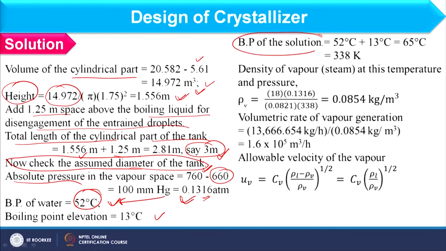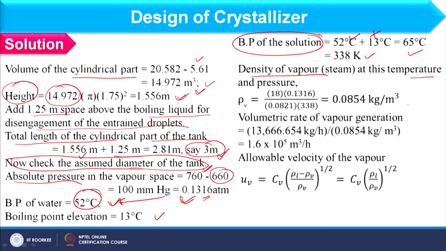So, the temperature of the solution we can obtain as addition of boiling point plus BPR, and that should be 65 degrees Celsius, which is 338 Kelvin, right.